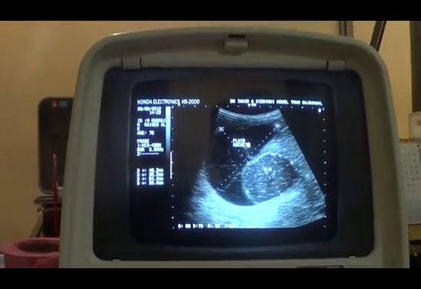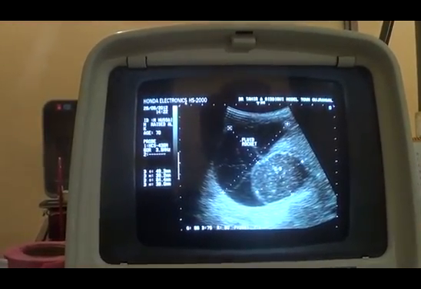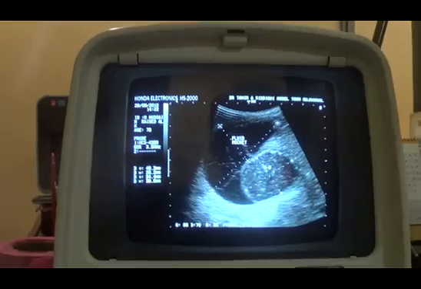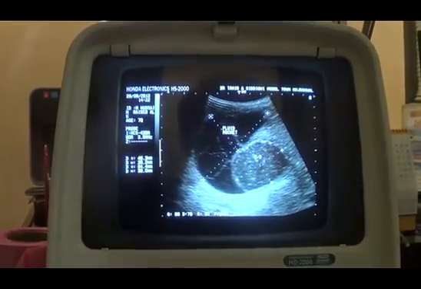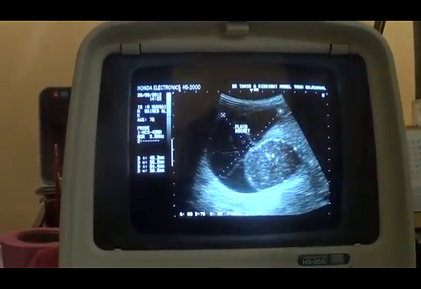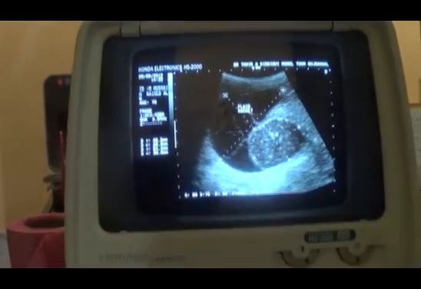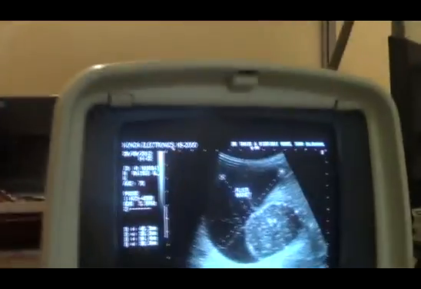Now I'm going to scan the patient in supine posture and in left lateral decubitus posture, after having studied the cause of the obstructive jaundice.